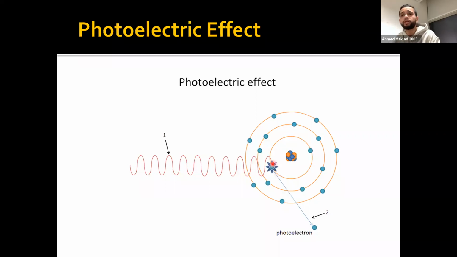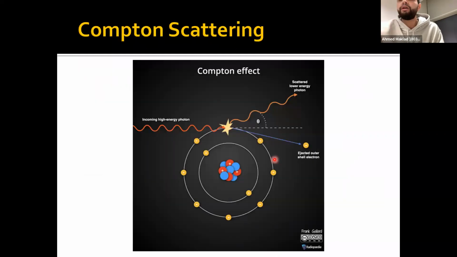All right, so for the photoelectric effect, you have a photon coming from the X-ray tube, but this time it's interacting with an inner shell electron. It's not interacting with an outer shell electron. You remember in the Compton scatter, it's interacting with one of the outer shell electrons.